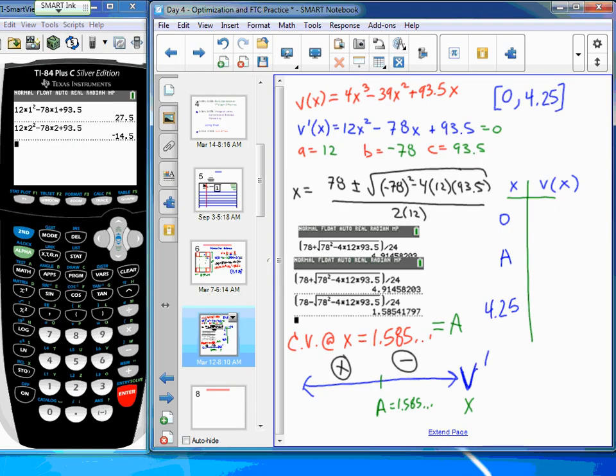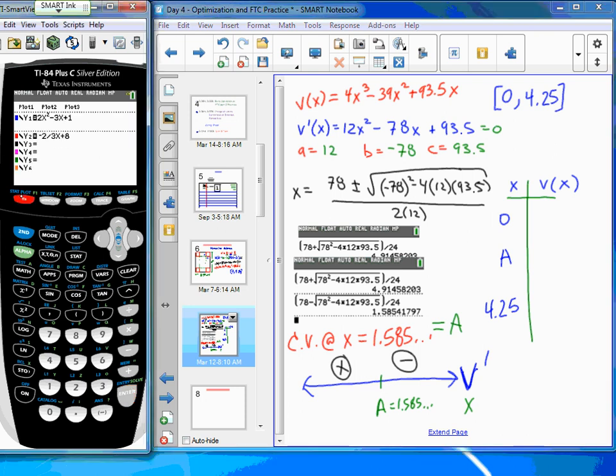Let's see. I'm going to actually use my volume formula. Again, I'm not graphing it, I'm just using this to evaluate. So we want 4x cubed minus 39x squared plus 93.5x, and we want to evaluate that at 0, alpha A, and 4.25.